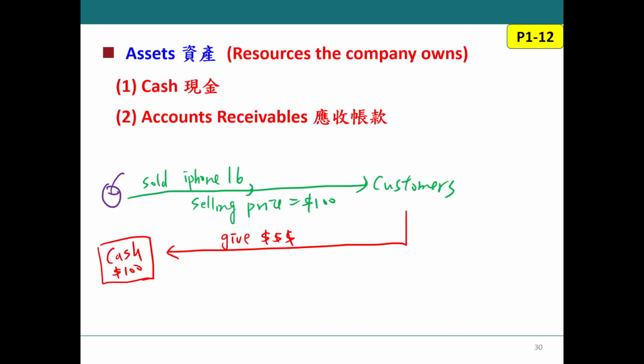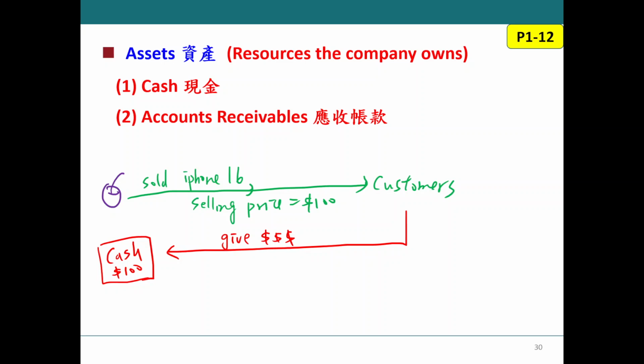But in real world, most of business, they won't pay the cash today. Because only you guys, you have only cash. You don't have a credit card, right? For the real world, most of cases, when company do business, they won't pay the cash today.